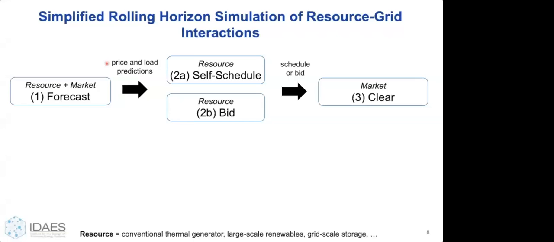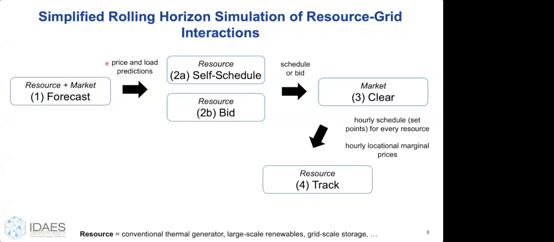The market then clears by taking all of these bids or self-schedules from every node that was shown in that California picture, and then trying to minimize the overall system cost subject to constraints for both individual resources and the overall system, like the transmission network. This then gives hourly schedules or set points for every resource and locational prices.